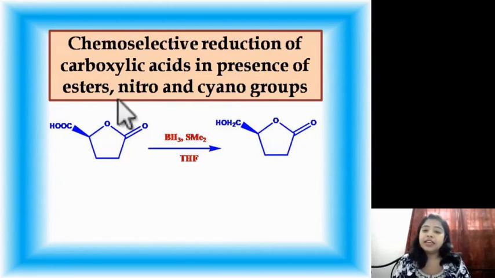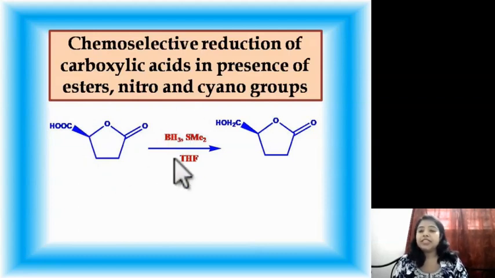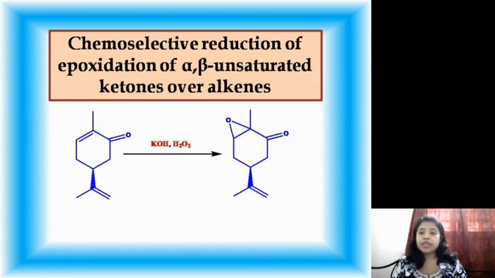As you can see here, the COOH group is getting reduced, but the C double bond O group, that is the ester group, is remaining intact. So this is another example of chemoselective reduction of carboxylic acids in the presence of esters, nitro and cyano groups. Now let us come to another slide.